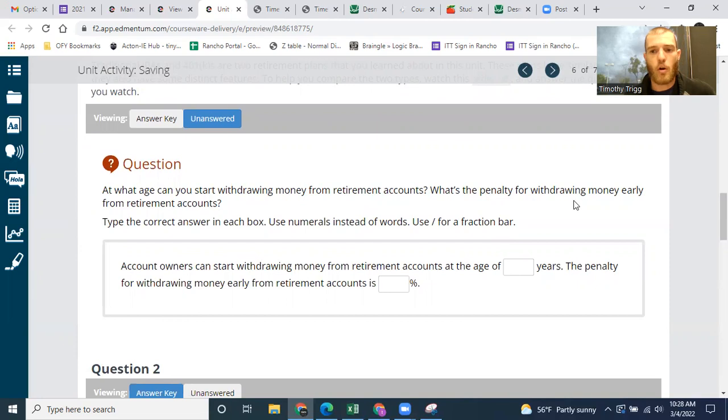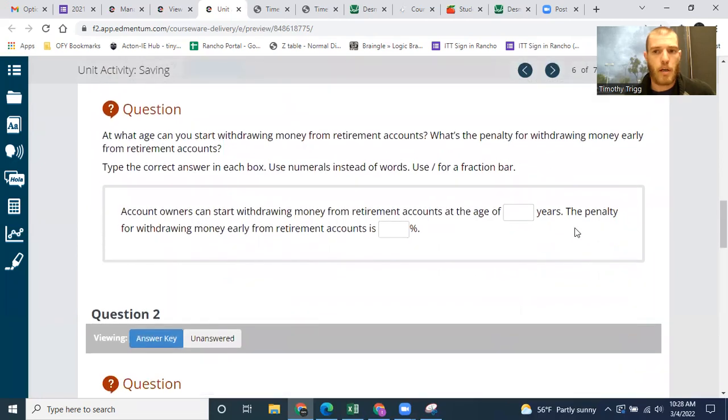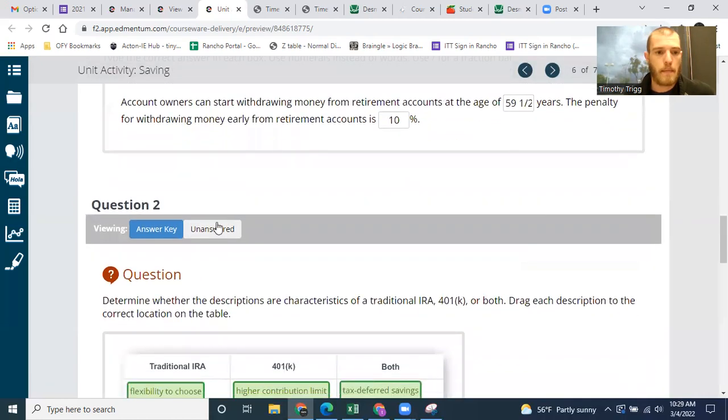What's the penalty for withdrawing money early from the retirement account? You can watch this video and it'll explain this, but I basically already gave you this answer. This is 59 1/2. Once you've reached 59 1/2 years old, there's no penalty for withdrawing. The penalty for withdrawing money early is a 10% penalty. Could be a lot of money.